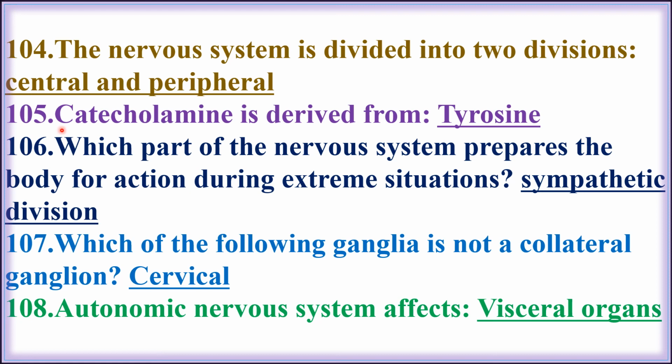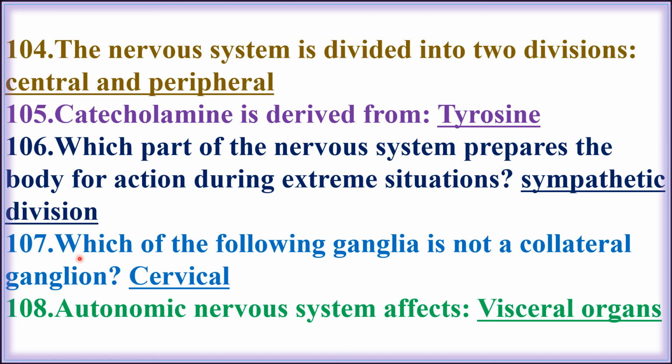Next, catecholamine is derived from tyrosine. Next, which part of the nervous system prepares the body for action during extreme situations? That is sympathetic nervous system.